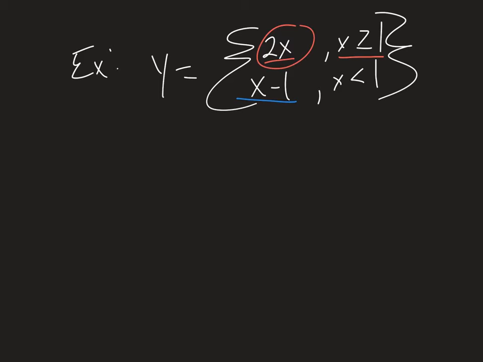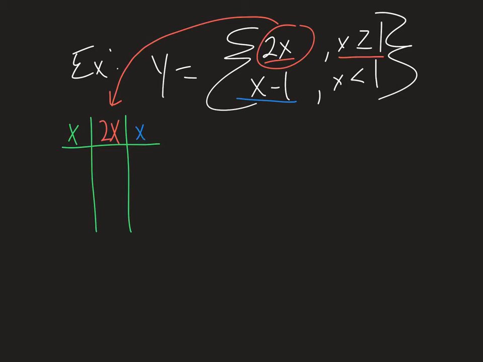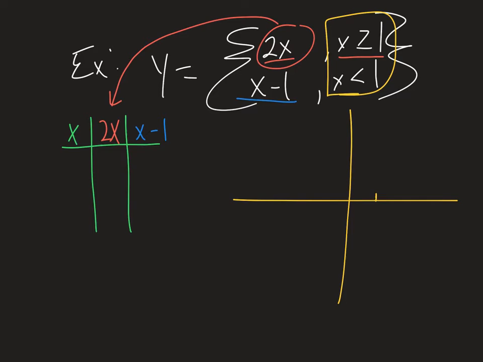So the way I do this, and it might seem a little strange at first, is I draw a double t-chart. So I'll have x, and then I will put one of the functions in, and I'll actually write out the expression for myself. And then I will also do the other one, x minus 1. So if I'm relating this to a coordinate grid, what I'm gaining from right here is that at 1, something changes.